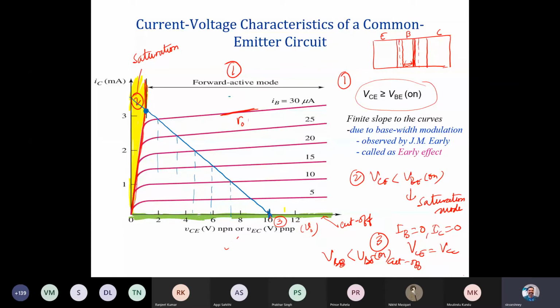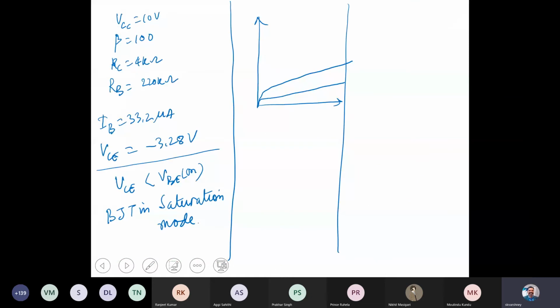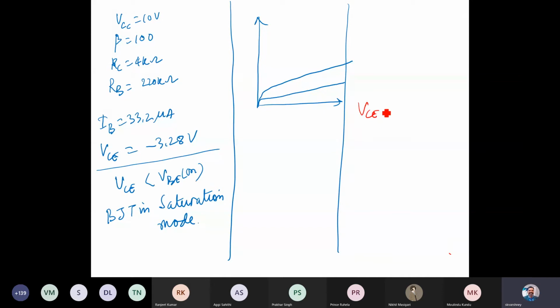For this kind of NPN transistor, the saturation voltage, VCE saturation, is always between 0.1 to 0.3 volt.